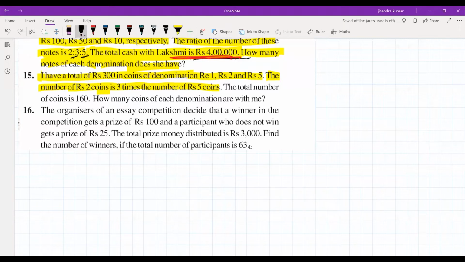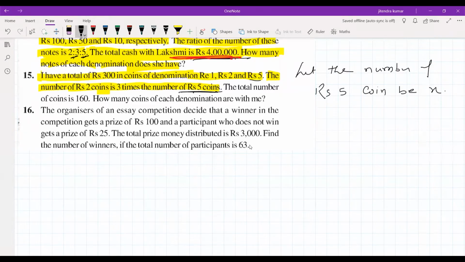Let's start with the number of 5. Let the number of rupees 5 coins be x.